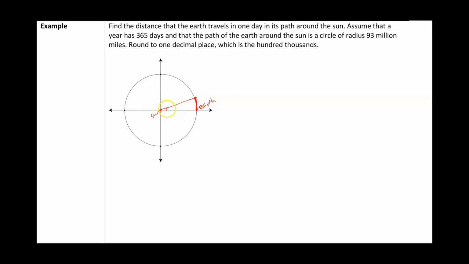Now remember, this angle is going to be theta, which we don't know yet. We do know that the radius is 93 million. So the distance between the sun and the Earth is going to be 93 million miles.